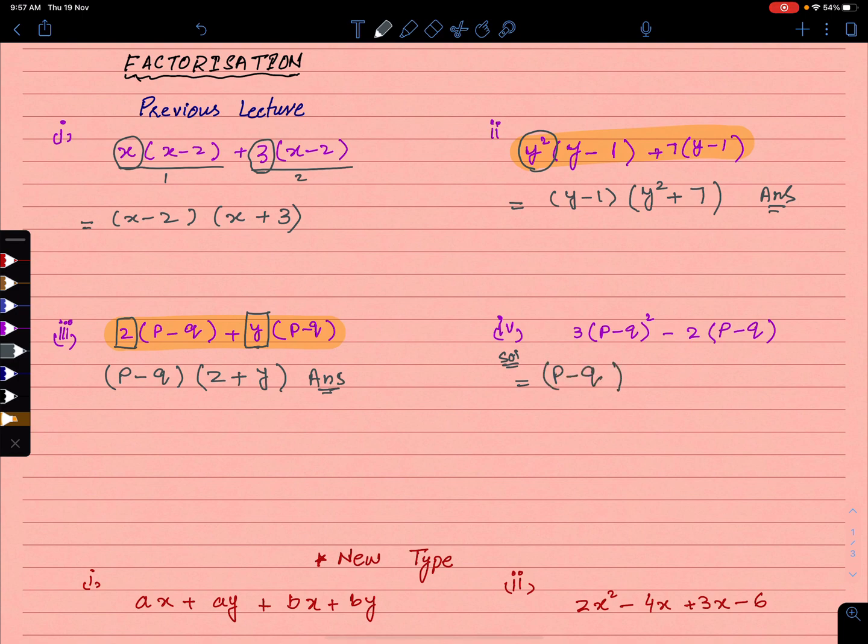So we take p minus q and then we write a square bracket, and here 3 is left, and the other thing, we just take only one p minus q common, and here we have 2 p minus q into p minus q, so one p minus q is left here, while in the second term we just have only 2, so I will write only minus 2. So p minus q into this would become 3p minus 3q minus 2. So this is our final answer.